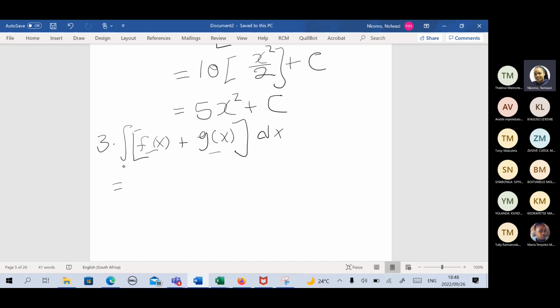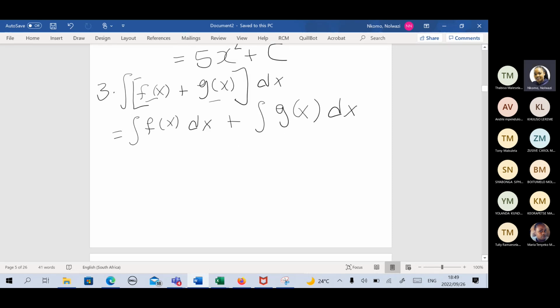You can integrate them separately and add them at the end: the integral of f at x plus g at x is the integral of f at x with respect to x plus the integral of g at x with respect to x, right? This is the integral of a sum.